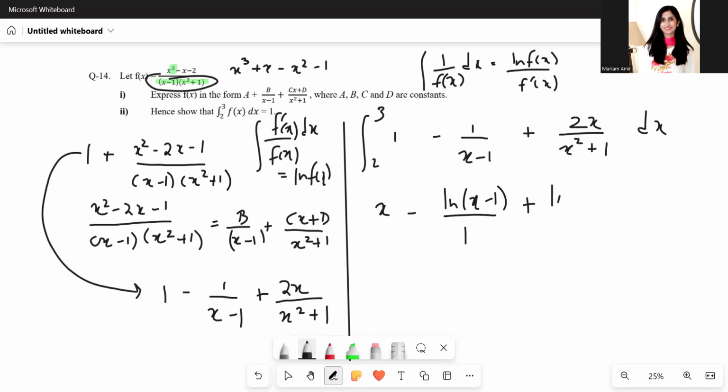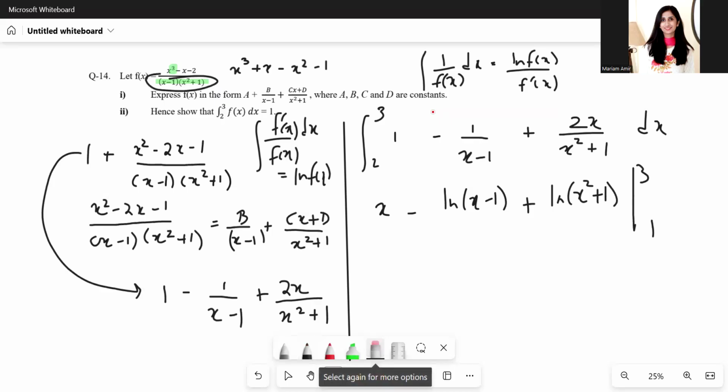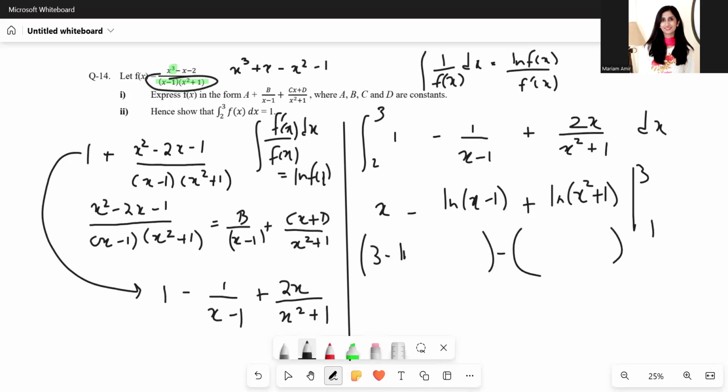So this will be equal to ln(x squared plus 1). And the limits would be 3, 2. We can just ignore this divided by 1. Okay. Now we substitute the limits. So 3 first and then 2. So 3 minus ln 2 plus ln 10.